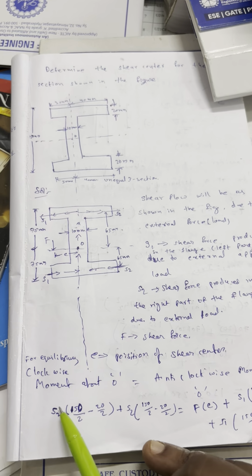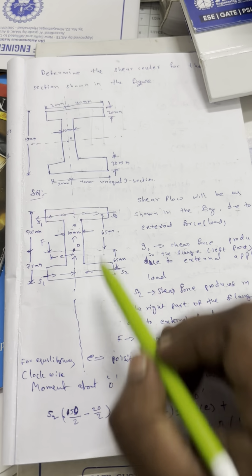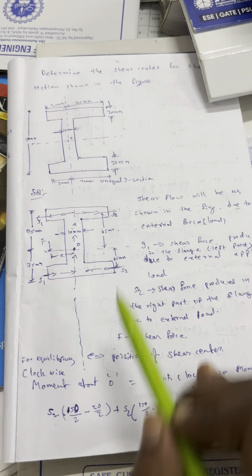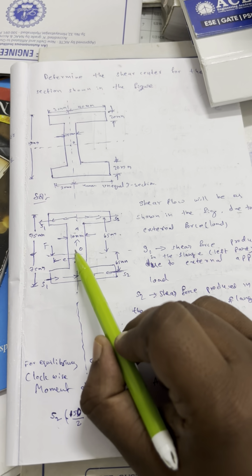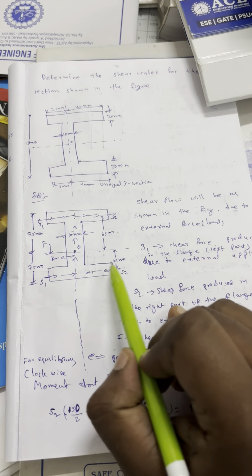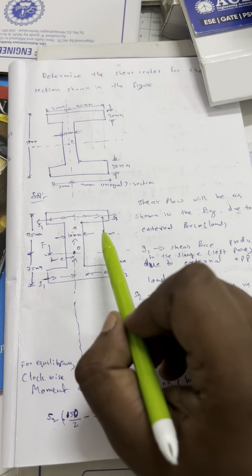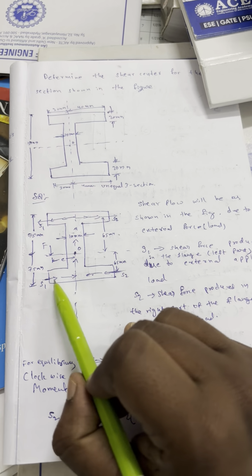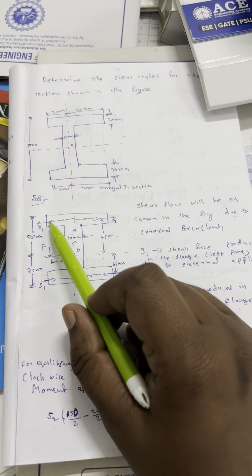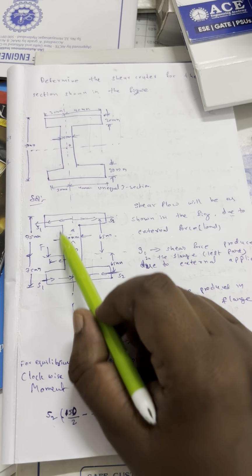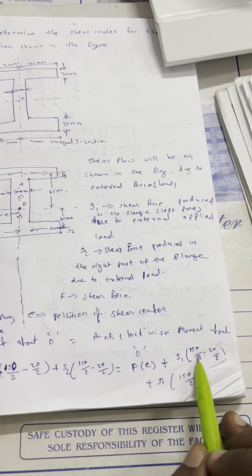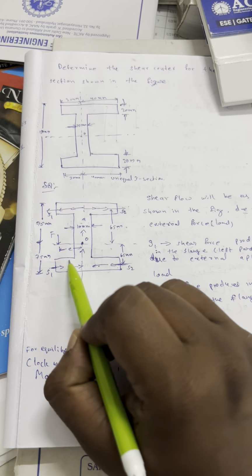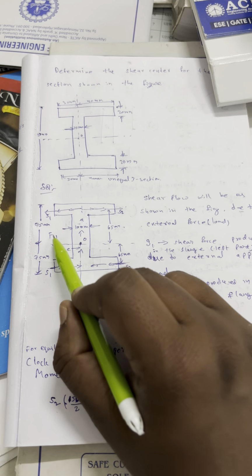So S2 into 65, and again S2 into this one, which is the same 65, is equal to, these both being clockwise moments, S1 into this same distance, plus S1 into again the same distance anti-clockwise, and F into E.